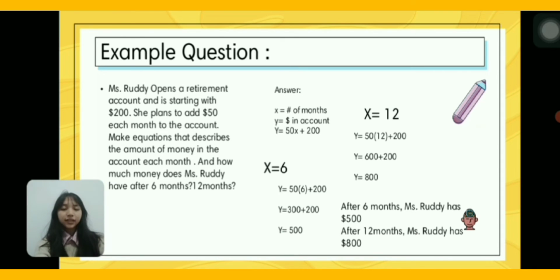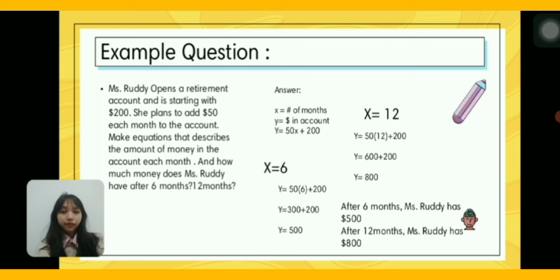So x equals 6, so y equals 50 times 6 plus 200. That result comes from 50 multiplied by 6, which is 300, plus 200.